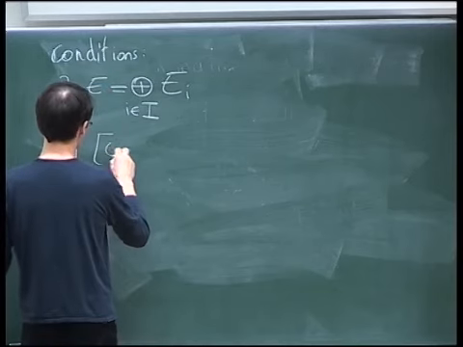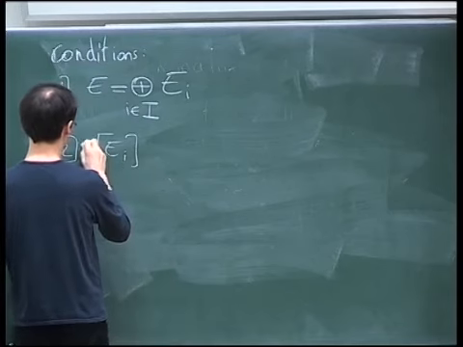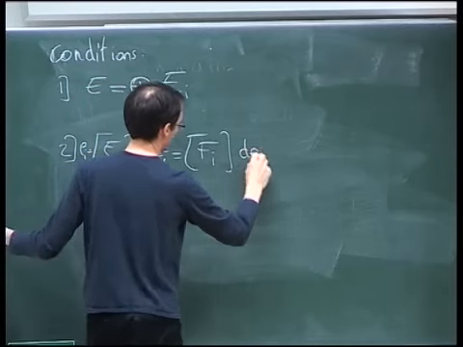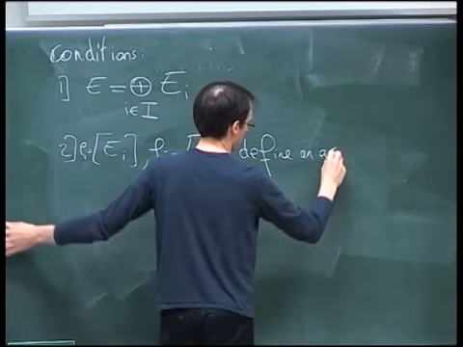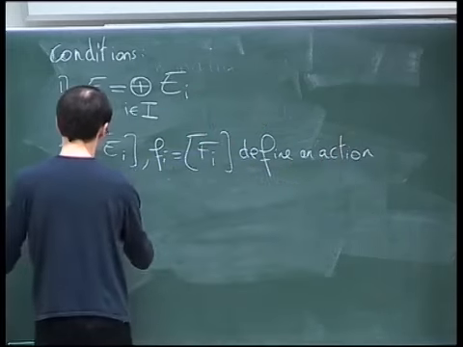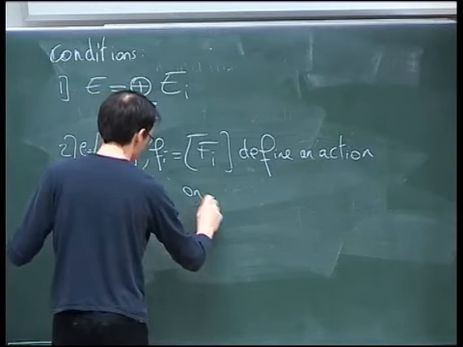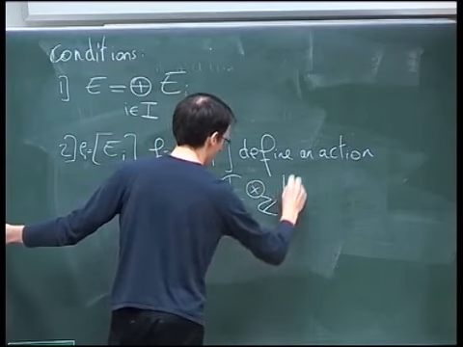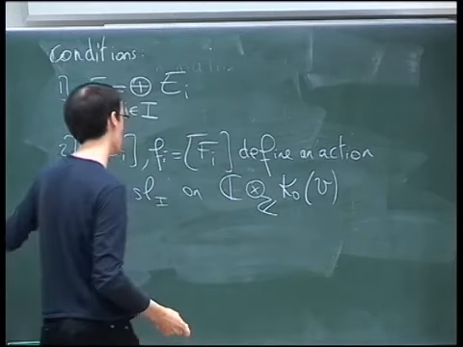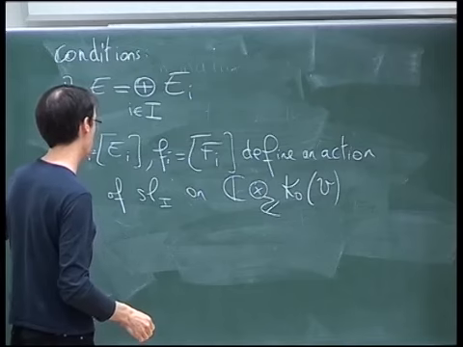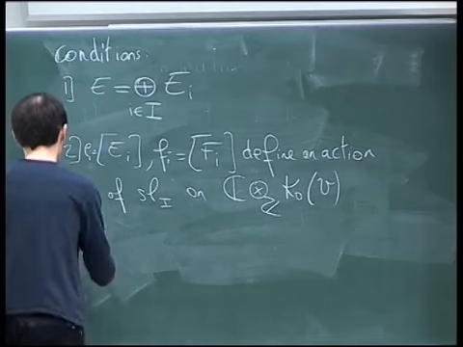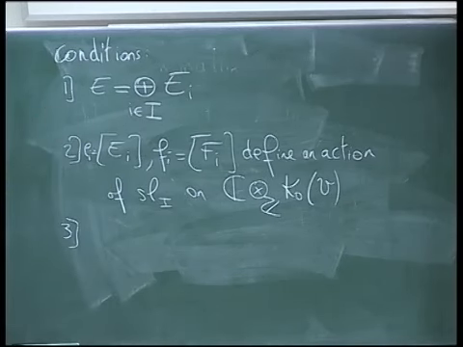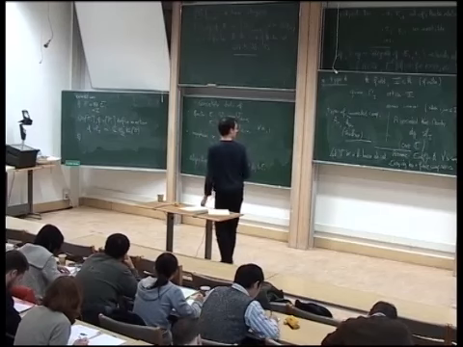So the classes of E_i define an action of sl_I on K_0, or complexified K_0, as you like, C tensor over Z K_0 V. So at the level of the Grothendieck group, we should check that the defining relations of our Kac-Moody algebra hold. And the last two things, actually, two things here.